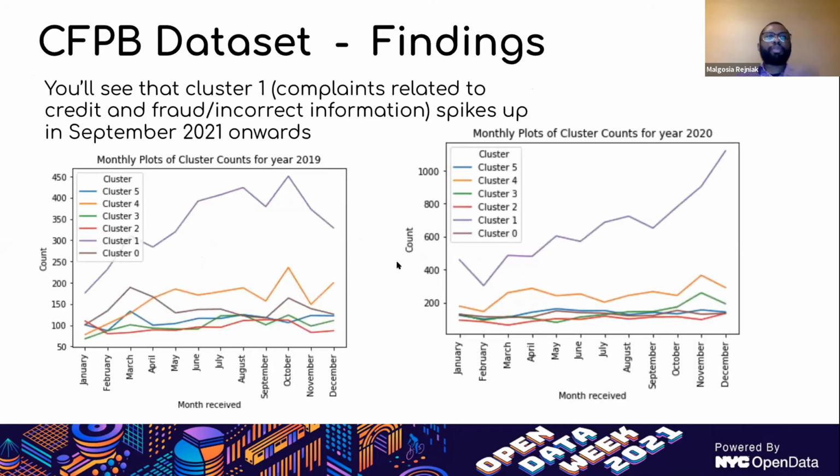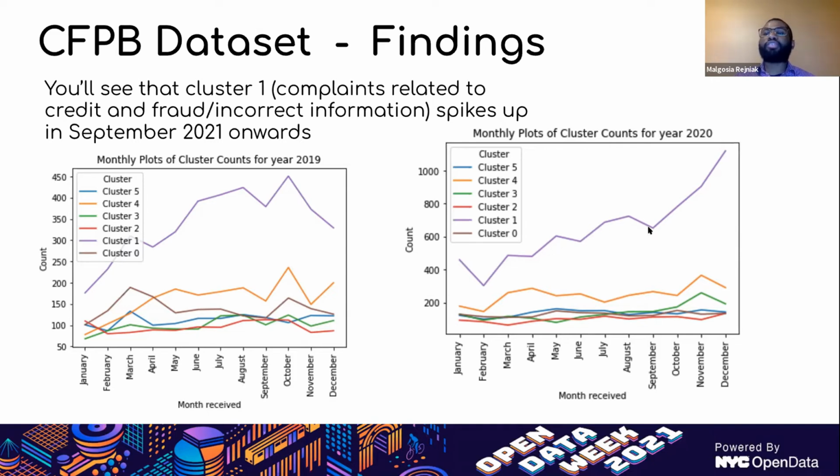Just plotting this over time, we saw with this theme of credit and fraud/incorrect information, the count is also high, just fluctuating in the 300s and 400s. But over here in 2020, it kind of starts off there, and then it steadily increases and increases.